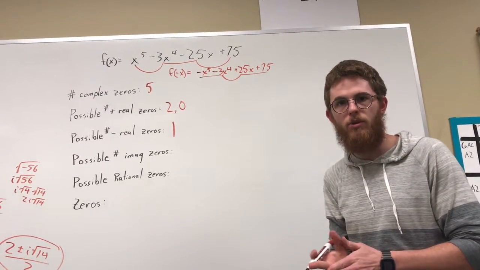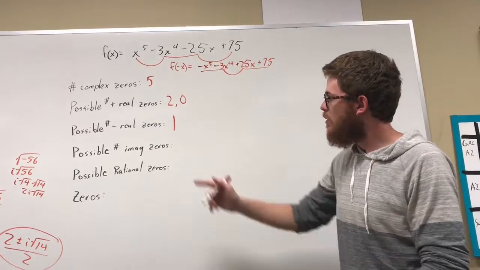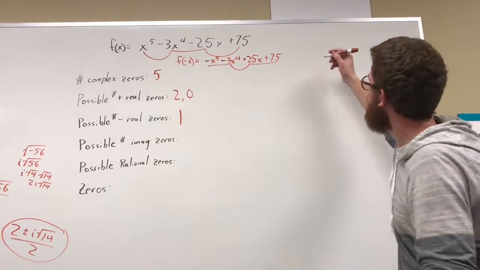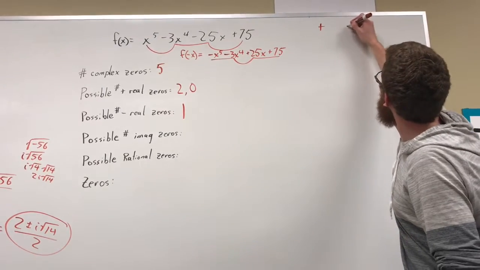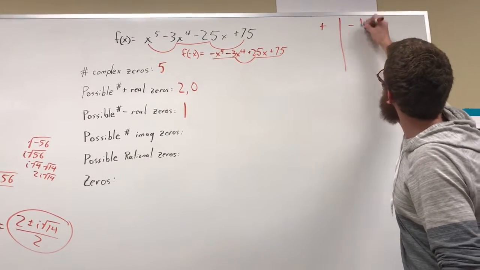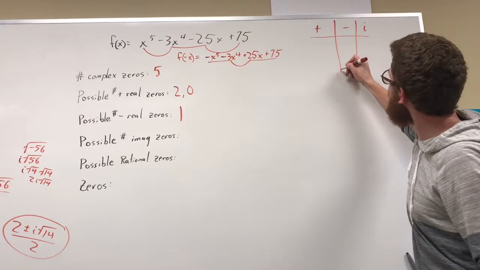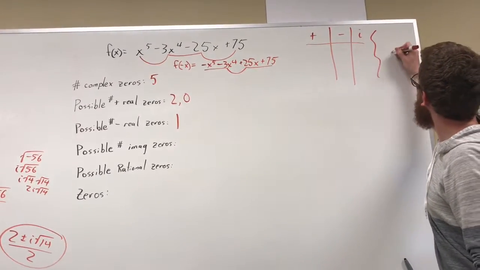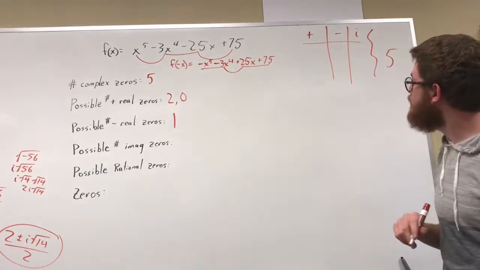So for my negative possible real zeros, the sign changes once, so we could have a possible 1 negative real zero. To find the possible imaginary, well, we can set up that chart. Our number of positives, our negatives, and our imaginaries. We know it's always going to total 5 for this polynomial.